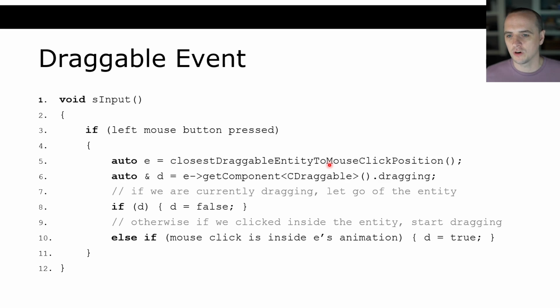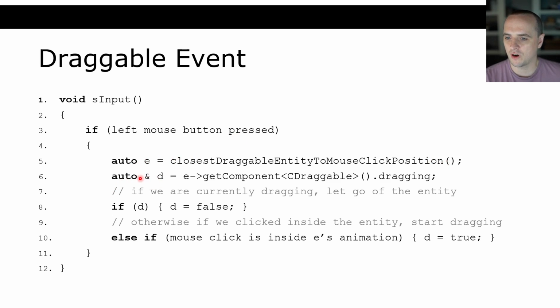So now we're going to implement something that looks like this. Inside our input system, we're going to say if the left mouse button is pressed, auto E equals get the closest draggable entity to the mouse click position, right? So this is a function that you would write.